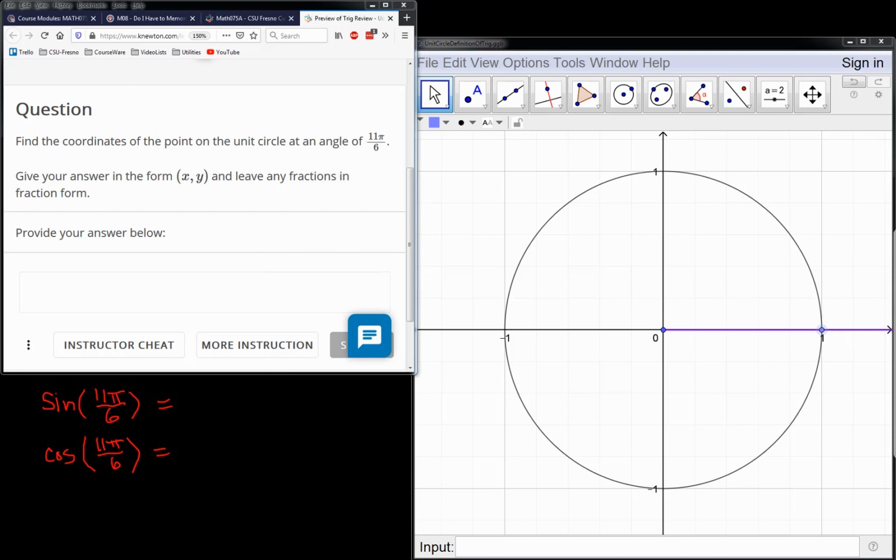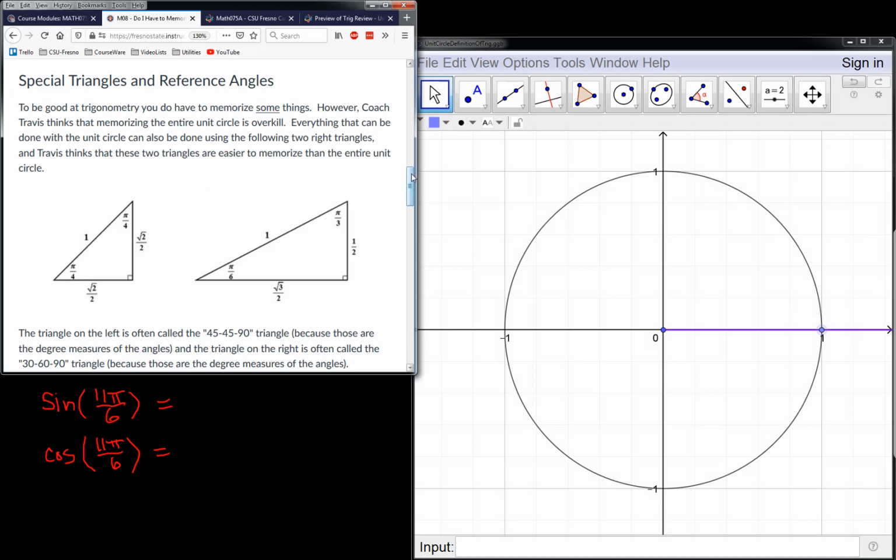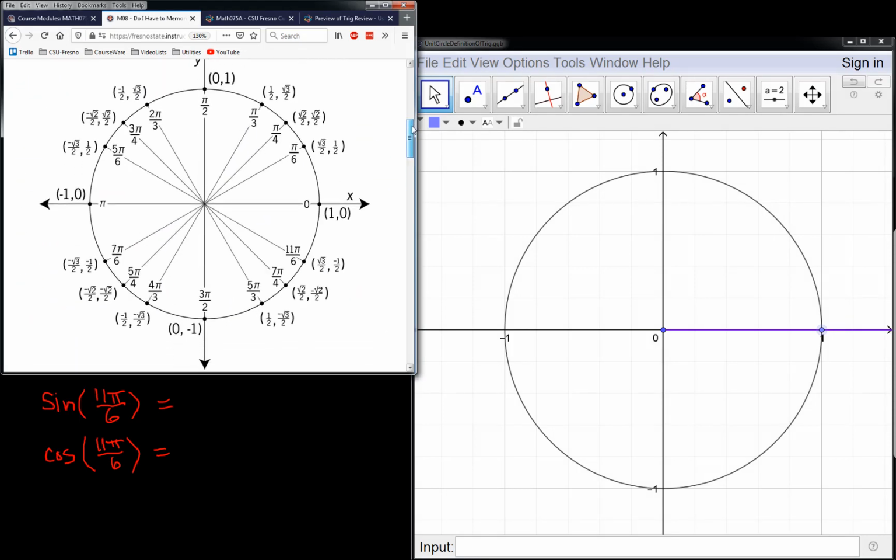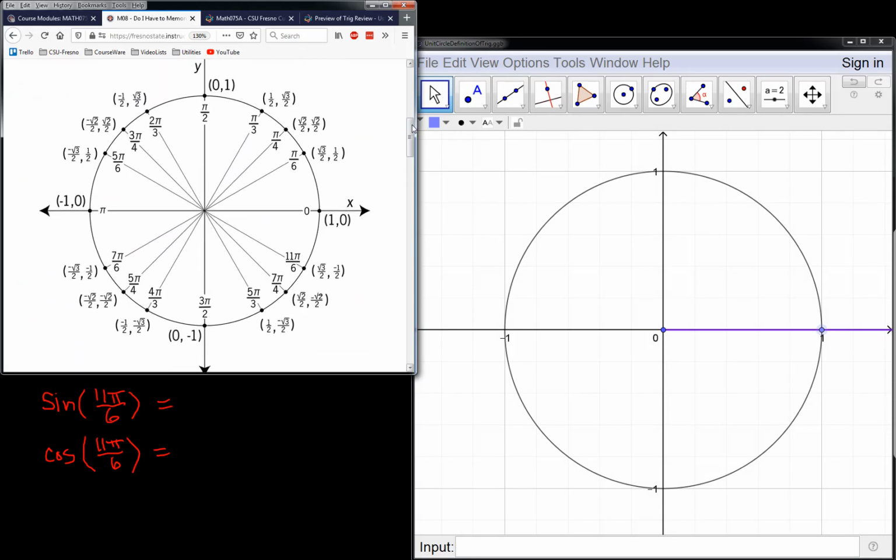So all right, how are we going to do this question? The way some students answer this question is they memorize the entire unit circle. If you memorize the entire unit circle, then this question is very easy because, hey, looky there, it's 11 pi over 6 right there.